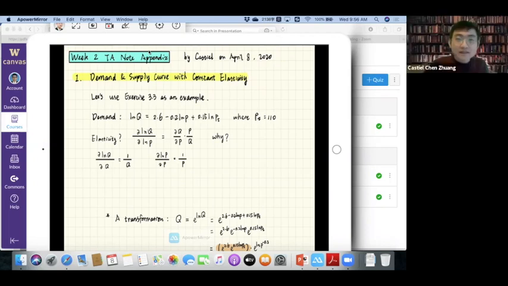Okay. Let me proceed with the derivation. So now we know that the derivative of log Q with respect to Q is 1 over Q. The derivative of log P with respect to P is 1 over P. We can do a simple rearrangement.